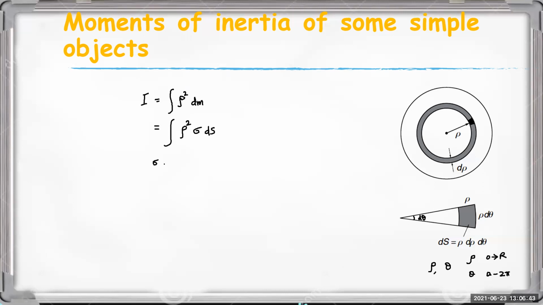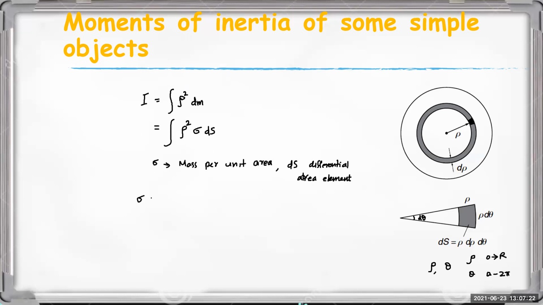Here sigma is the mass per unit area, and dS is the differential area element, that is the shaded one.